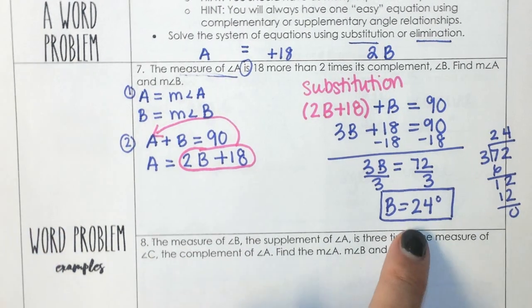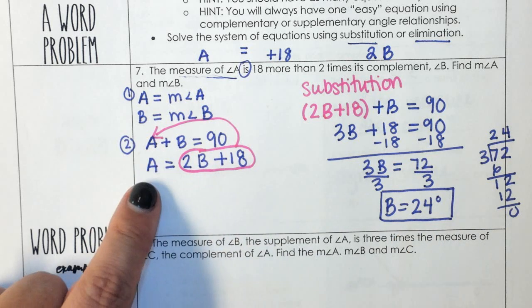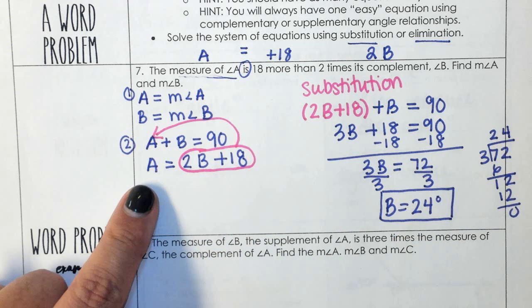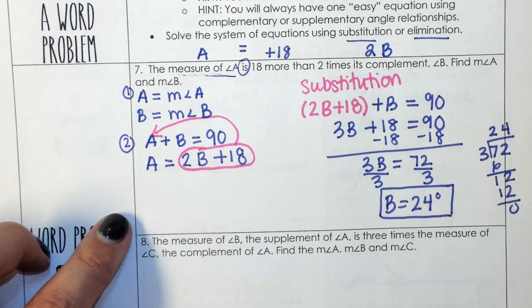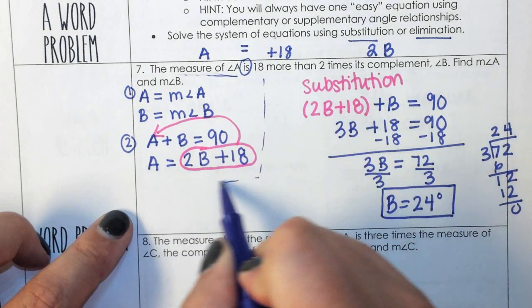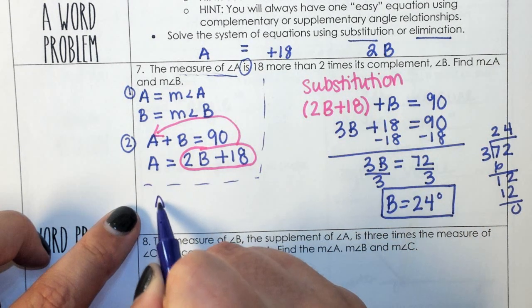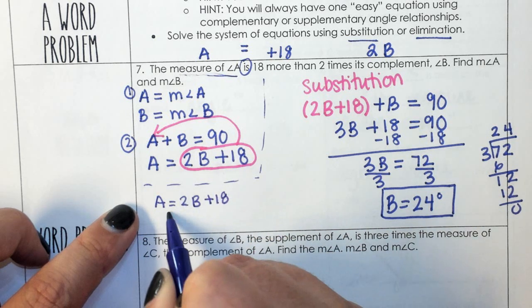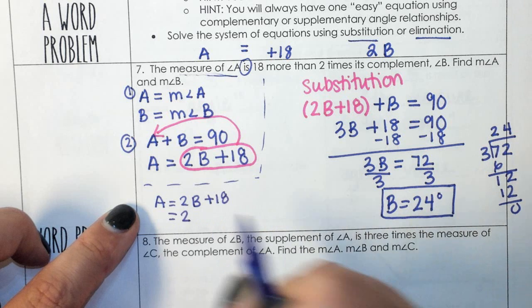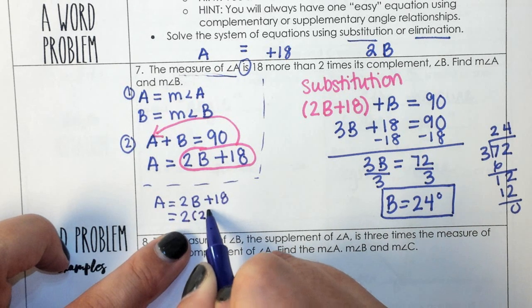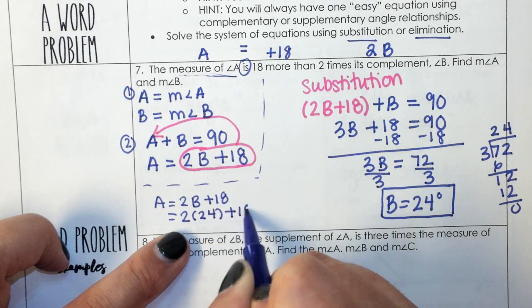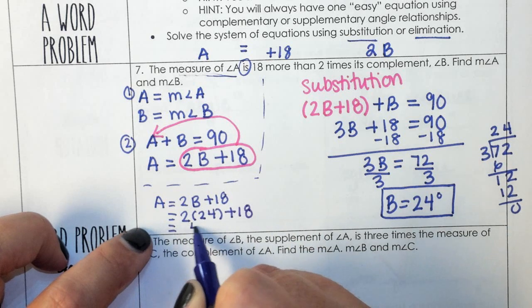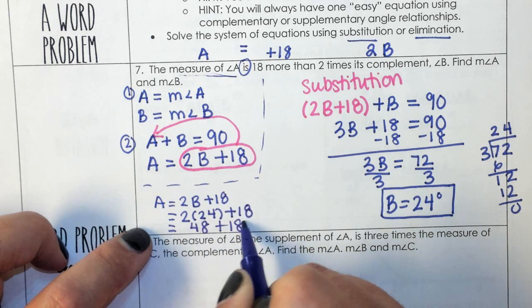Okay, now that I know what B is, I'm going to use this equation right here to figure out what A will be. We know that A equals 2B plus 18. So now I'm going to take that value of B and substitute it in here. So 2 times 24 plus 18. And that is 48 plus 18.